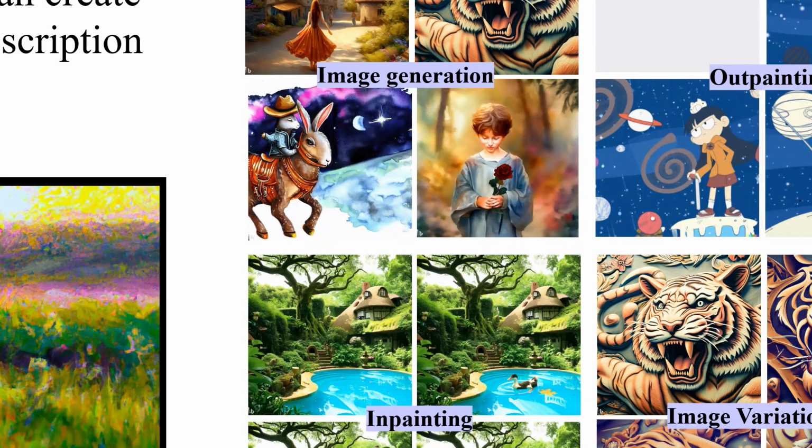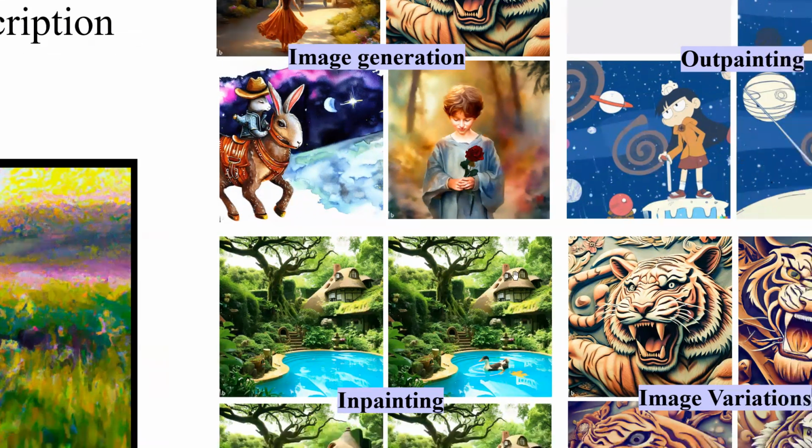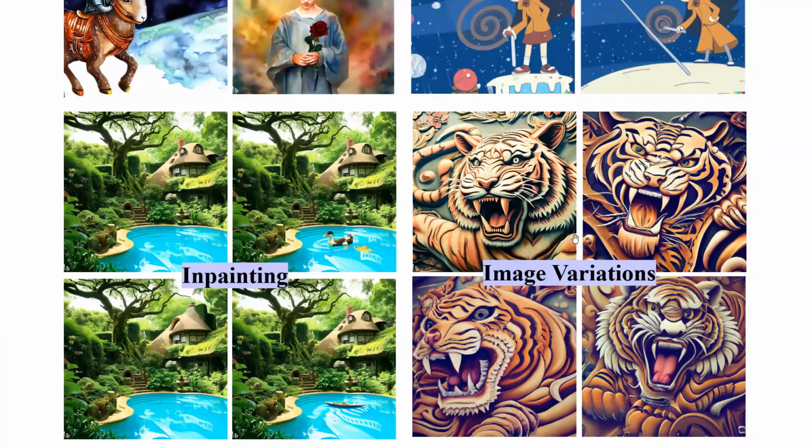I have another question. I'm curious how you write prompts for image variation. For example, for the tiger, how did you write a prompt to get the other three? You just click image variation and it varies, or do you write something? I don't write anything.